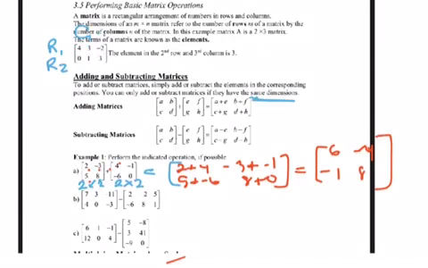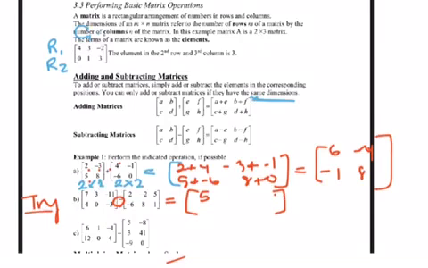I want you to try this second one. Remember to combine, and in this case you're going to subtract. So I'll do the first entry for you. 7 minus 2. Top left is going to give me 5. So now you need to do the top middle, and so on and so forth.